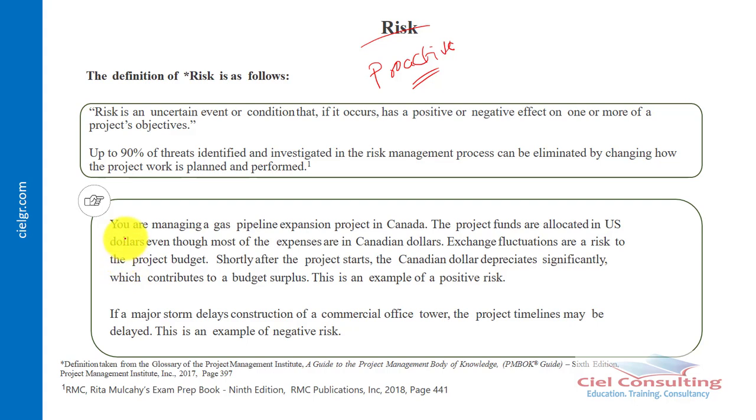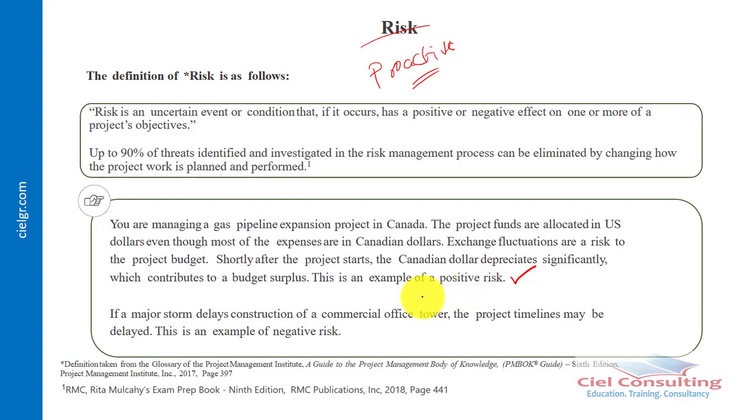Let's say, for example, you're managing a gas pipeline expansion project in Canada. The project funds are allocated in US dollars, even though most of the expenses are in Canadian dollars. Exchange fluctuations are a risk to the project budget. Shortly after the project starts, the Canadian dollar depreciates significantly, which contributes to a budget surplus. This is an example of what we refer to as positive risk.